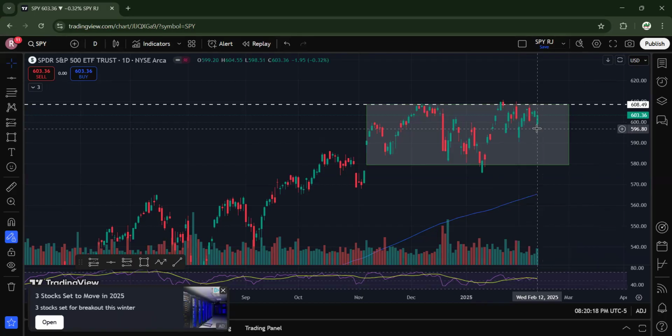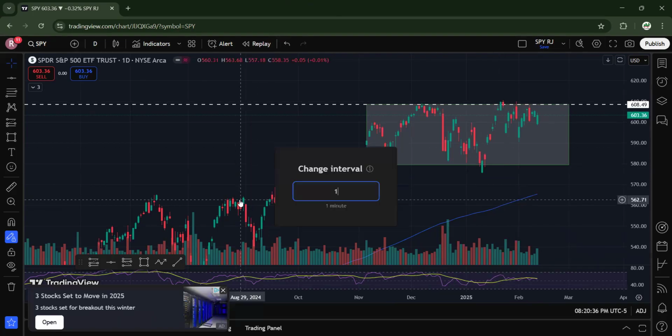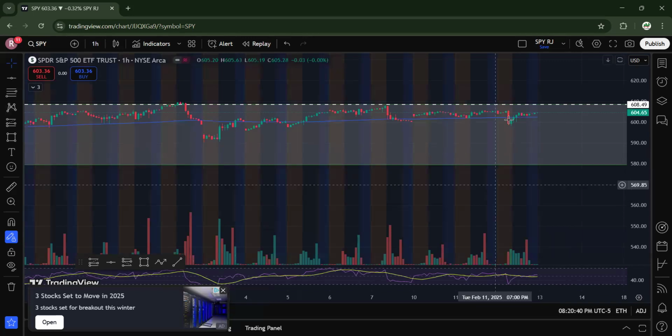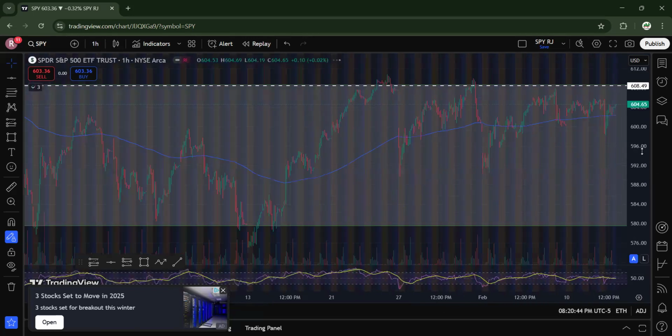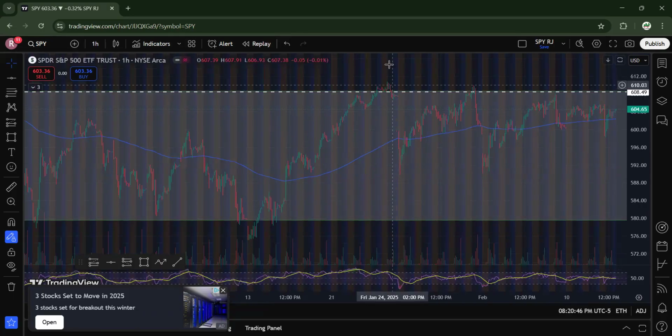That tells us anything under that, we risk getting chopped up. That's the risk. How do we know that's a risk? Because that's what it's been doing. Chopping, chopping, chopping, chopping. Look at this move right here. I've been doing this for 6 years now, and I've never seen a chart like this.